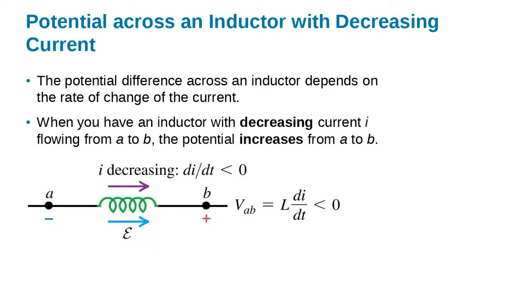So we can also then look at what happens when the current is decreasing in an inductor. If we've sent some current through an inductor and got it up to a steady state, after we've left enough time for our current to flow through an inductor, then the EMF will drop to zero.